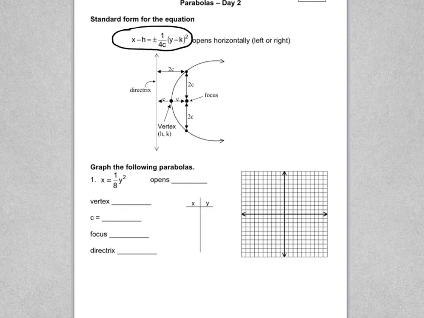So when you have the y term squared, when that part is squared, then we have a left or right opening parabola, which makes a big difference.